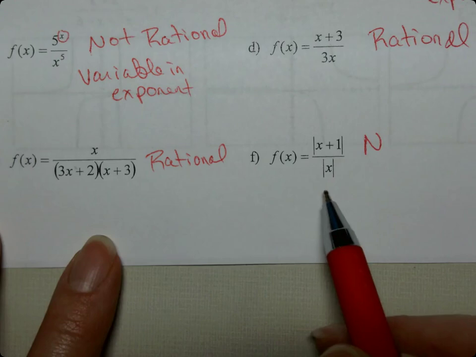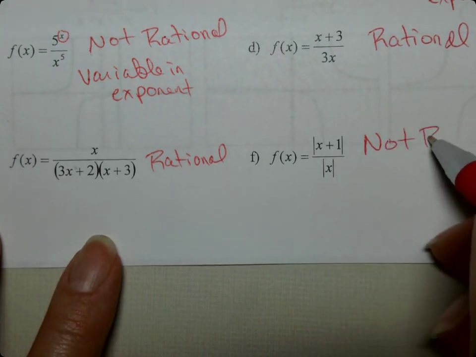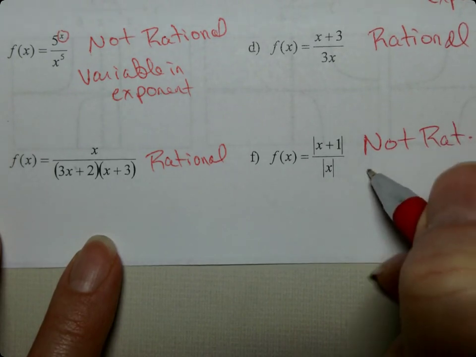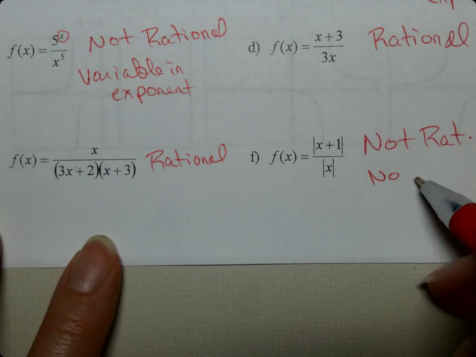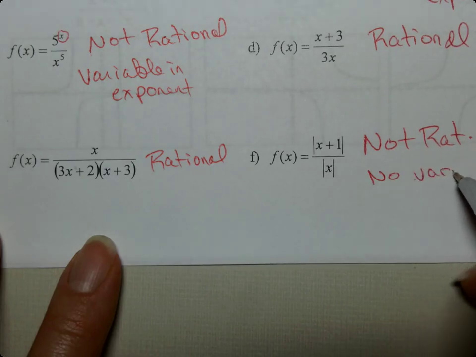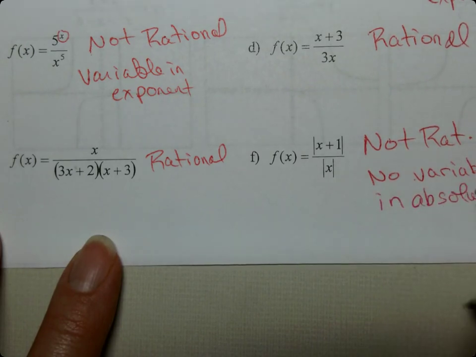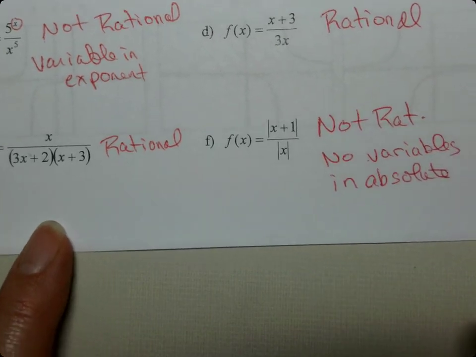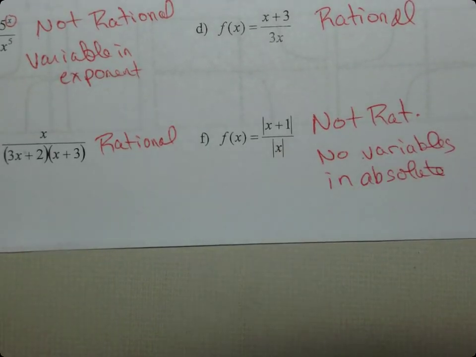You can't have a variable in an absolute value. You can have an absolute value of a number, but you can't have a variable in there.